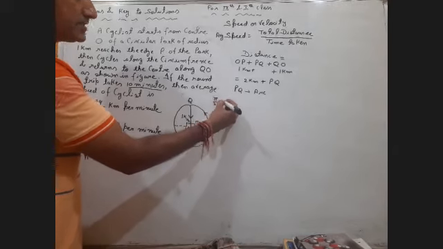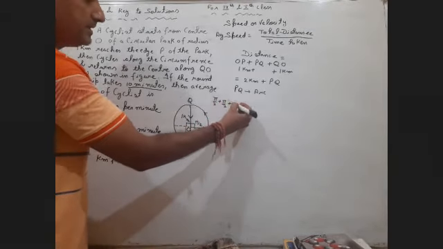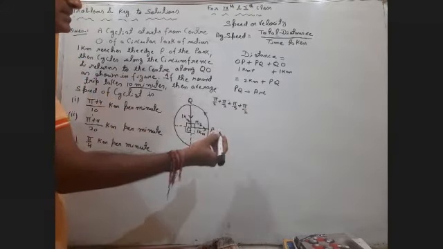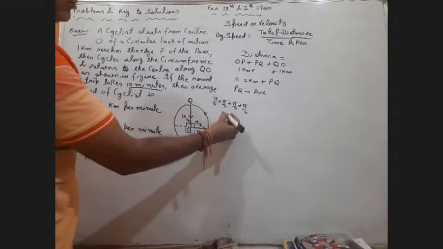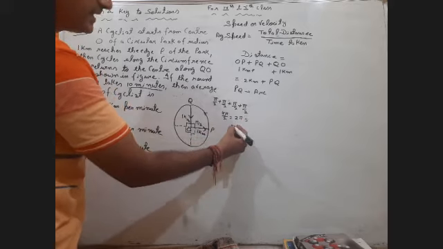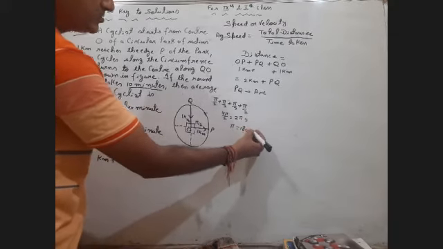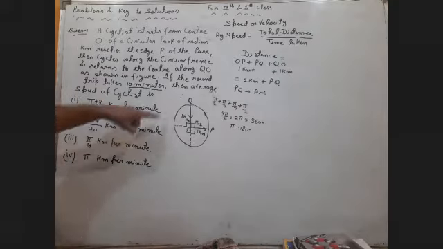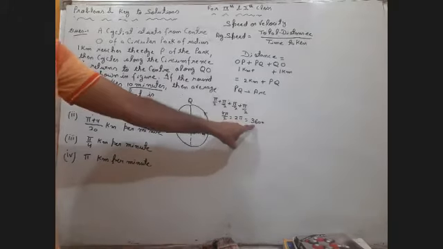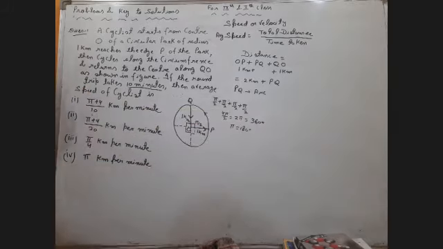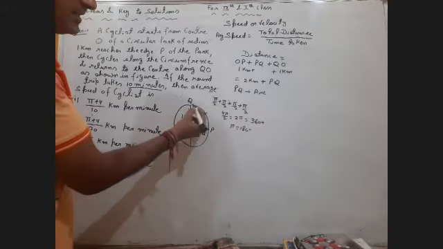Pi by 2 plus pi by 2 plus pi by 2 plus pi by 2, that is 4 pi by 2, which is equal to 2 pi. 2 pi means 360 degrees. So for one revolution of a circle, we can move 360 degrees.